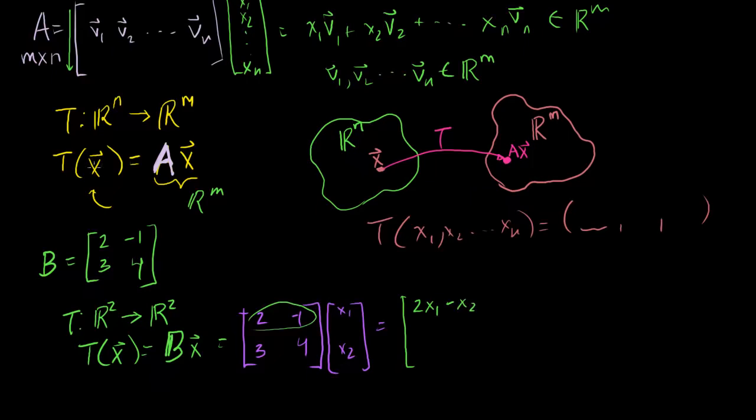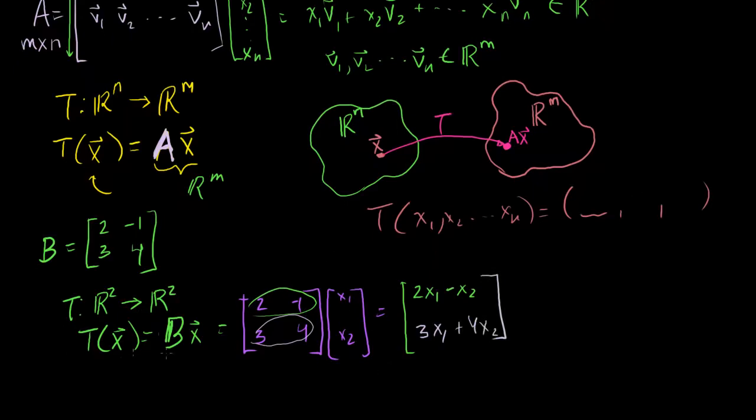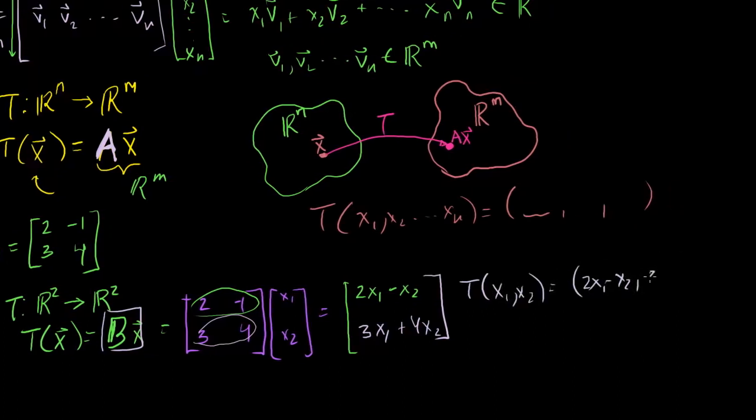And then the second row times that vector, we get 3 times x1 plus 4 times x2. So this is what we might be more familiar with. And I could rewrite this transformation as T of x1, x2 is equal to 2x1 minus x2, comma, 3x1 plus 4x2.